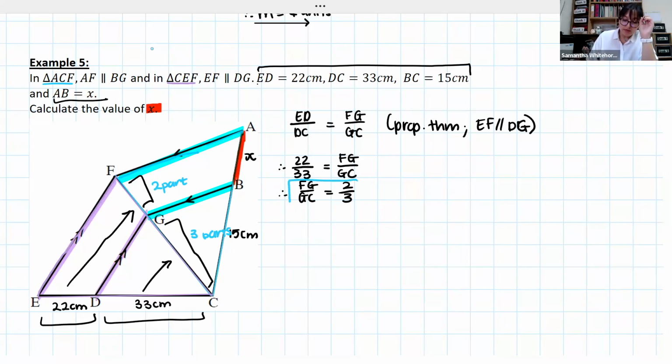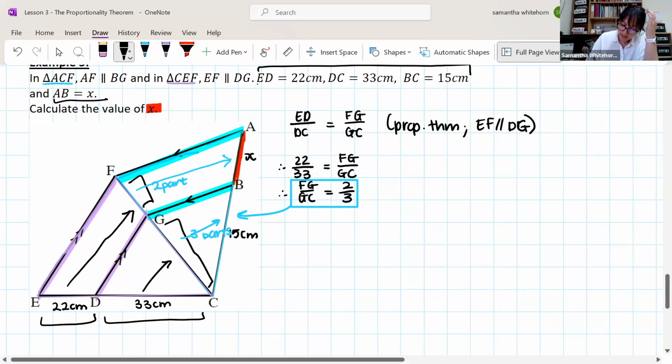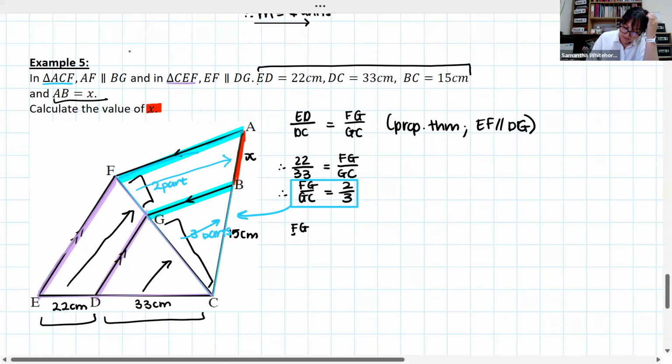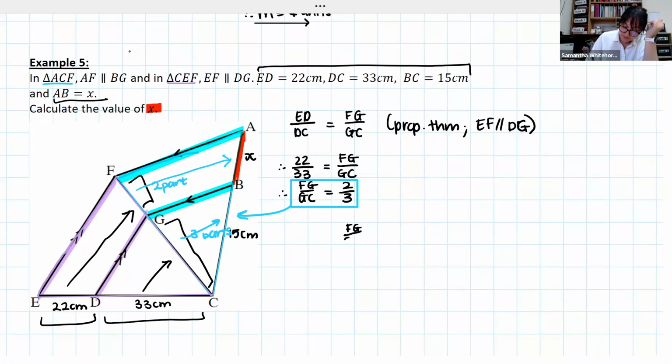But now that we have this ratio, we can apply it to my blue triangle, because whatever FG is corresponds to AB, and the ratio for GC corresponds to BC. So now I can set up that ratio for myself.